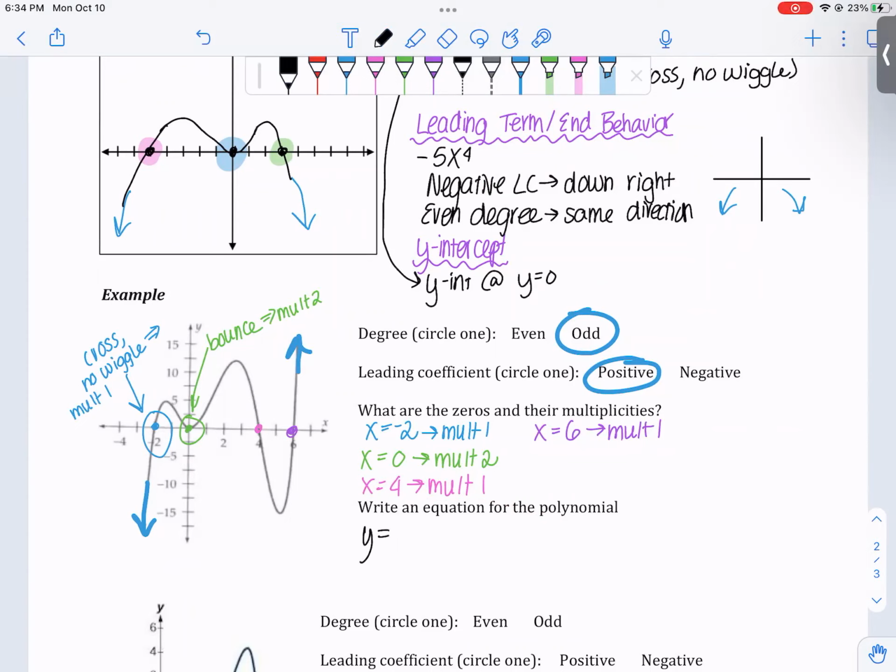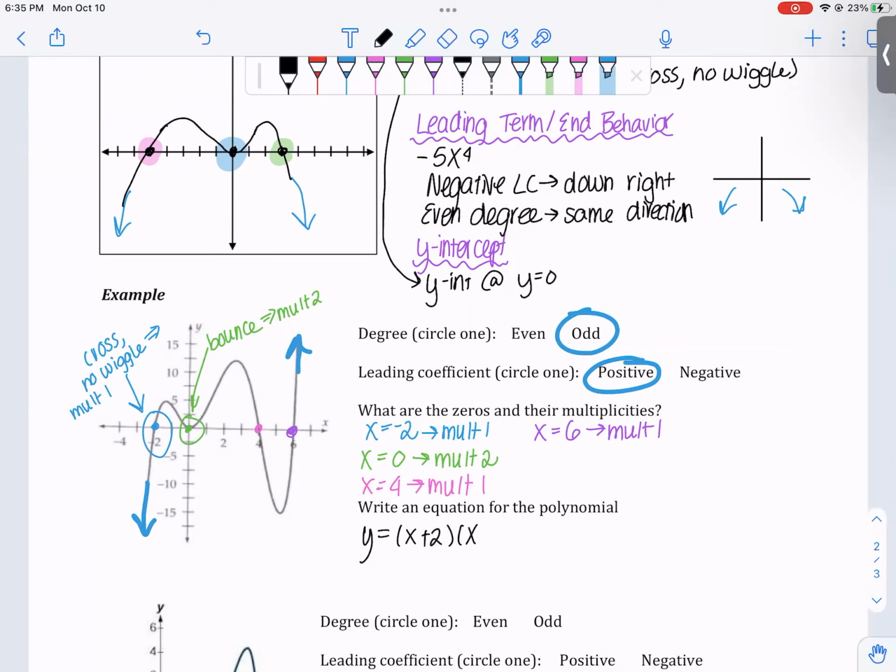So we need the leading coefficient to be positive, which means just don't put a negative out front. Then we have our zeros and the multiplicities, so we just construct. For -2, the factor is x plus 2. The multiplicity is 1, so I'm going to leave the exponent as 1. For x equals 0, the multiplicity is 2.